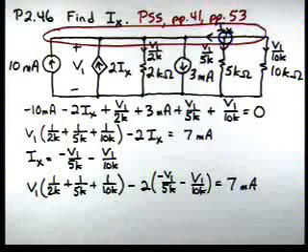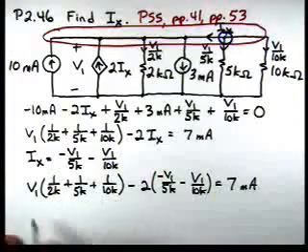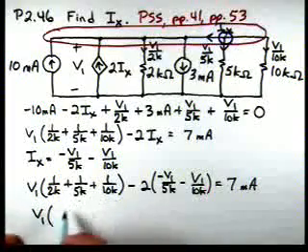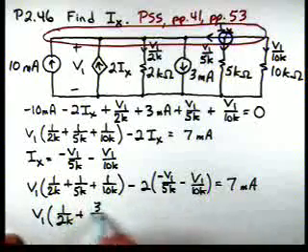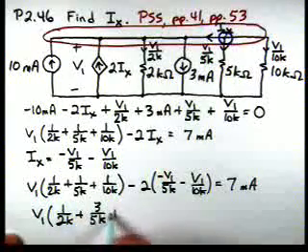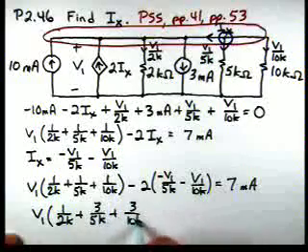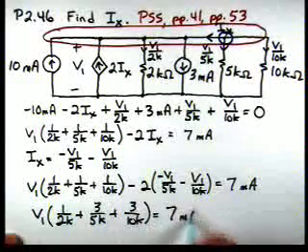And if we rearrange, we'll have V1 times 1 over 2K plus 3 over 5K plus 3 over 10K is equal to 7 milliamps.